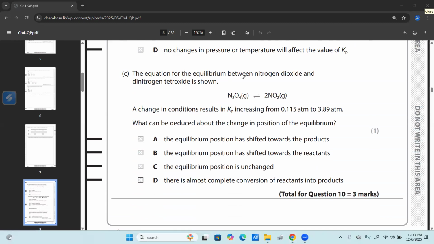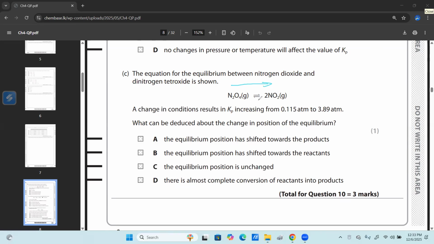The equation for the equilibrium between nitrogen dioxide and dinitrogen tetroxide is shown. A change in conditions results in Kp increasing from 0.115 to 3.89. That means the position of equilibrium has shifted towards the right-hand side. What can be deduced about the change in the position of equilibrium?